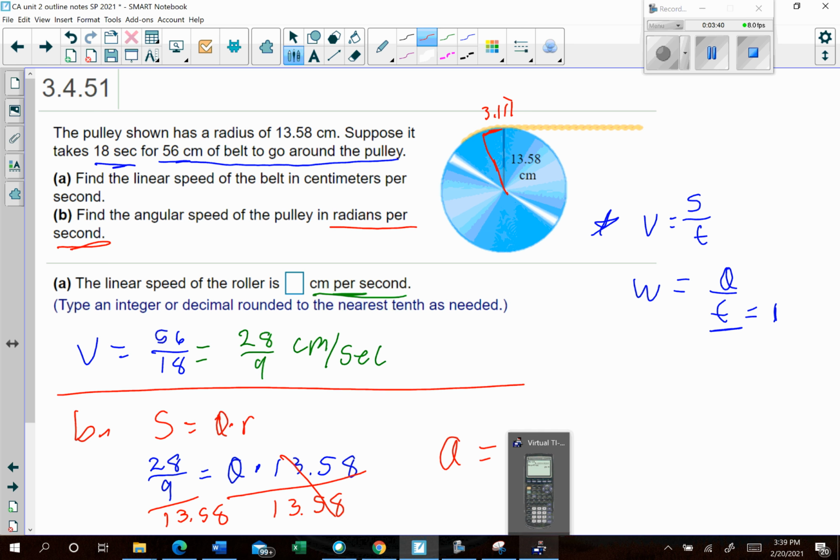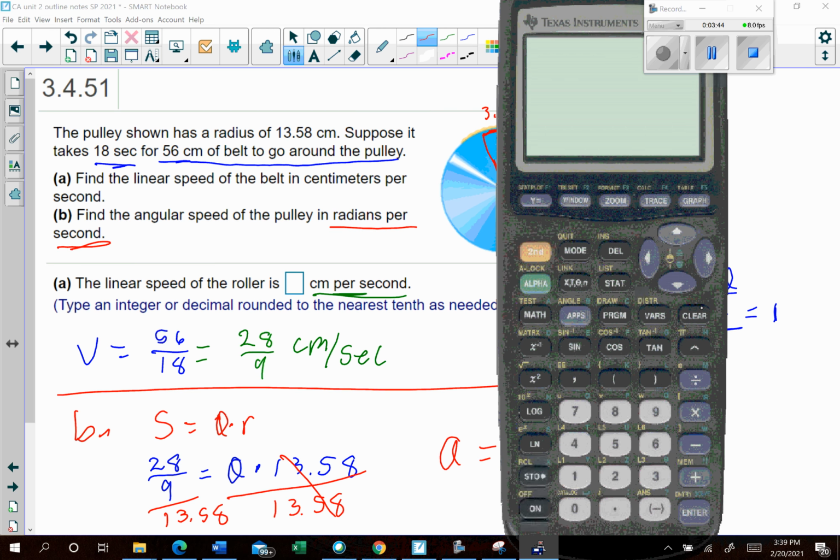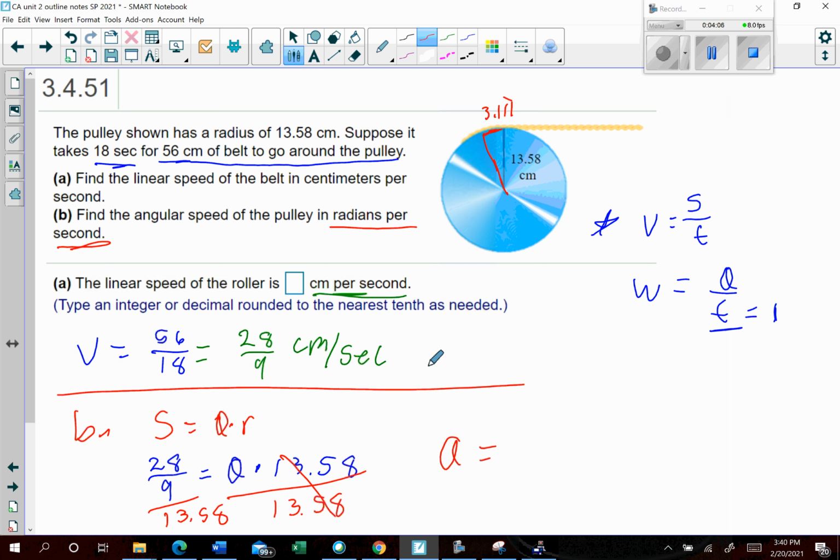Let's put this in my calculator. 28 divided by 9, press enter, and then divide that by 13.58. That gives me 0.229. I'm not sure how much they want us to round.